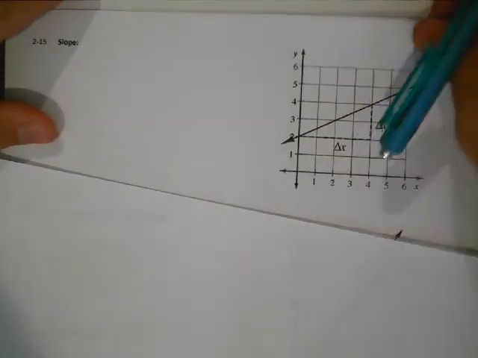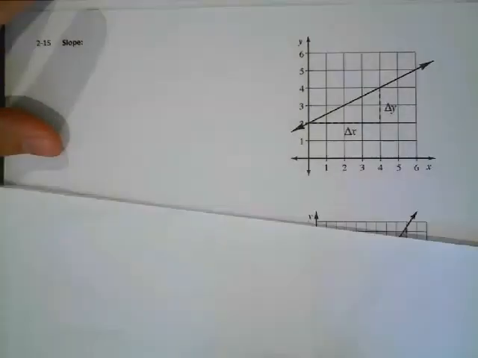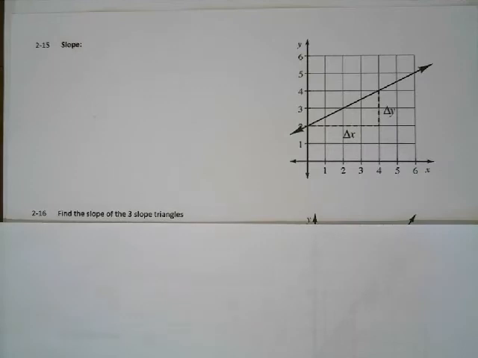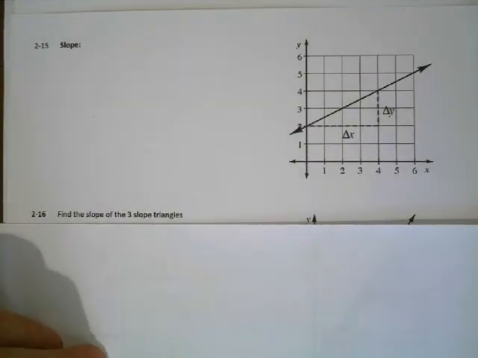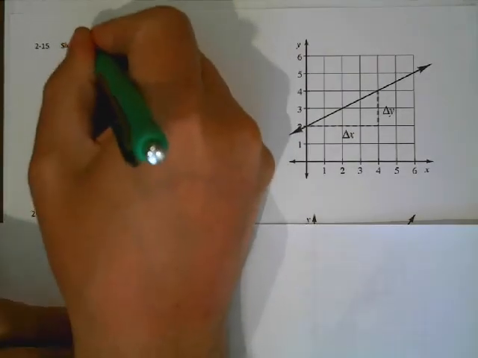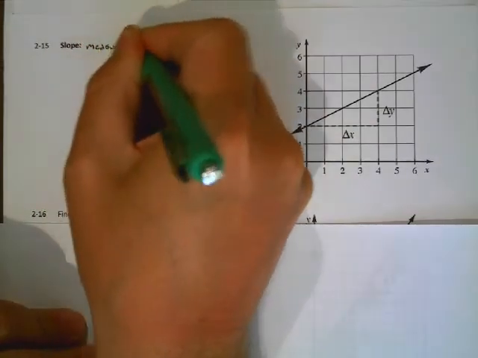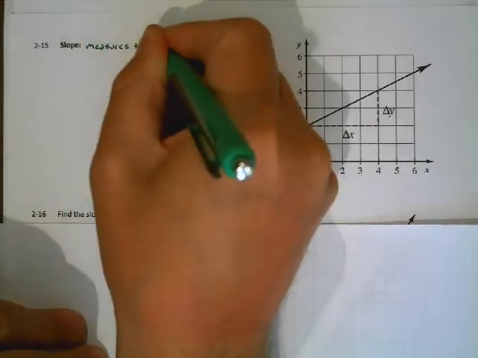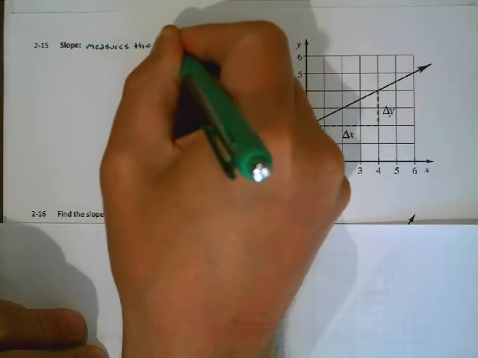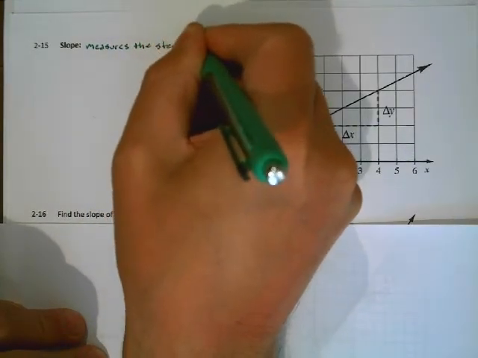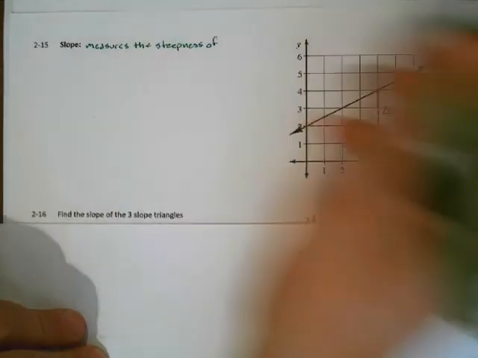Next section. Now we're going to talk about what we've actually been doing here. We've been looking at what's called slope. Now, slope is a measurement of the steepness of the line. So slope measures the steepness of the line.